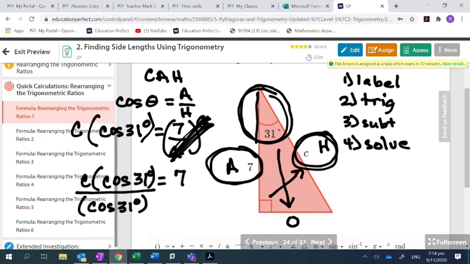But if I divide that side by it, I have to divide the other side by exactly the same thing. Now over here, this is something divided by itself, which will divide away. What does that leave me with on this side? C. And on this side, I need to use my calculator to do the math. What am I going to put in? 7 divided by cosine 31.